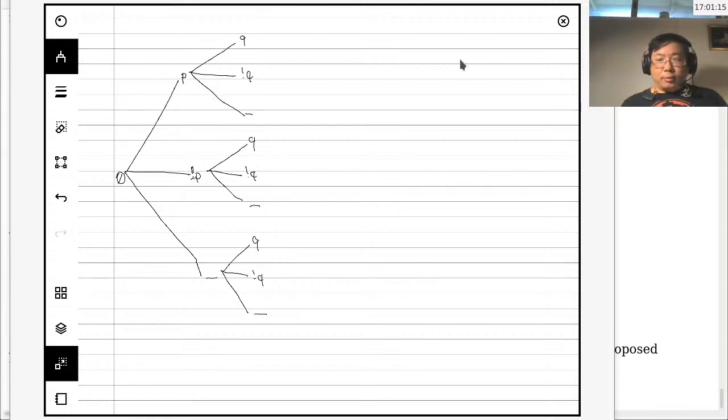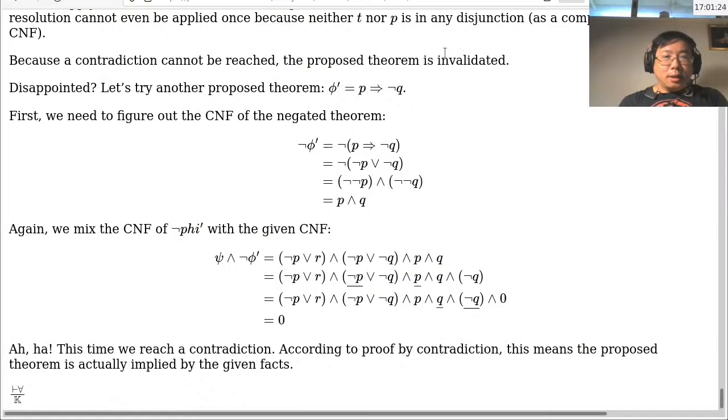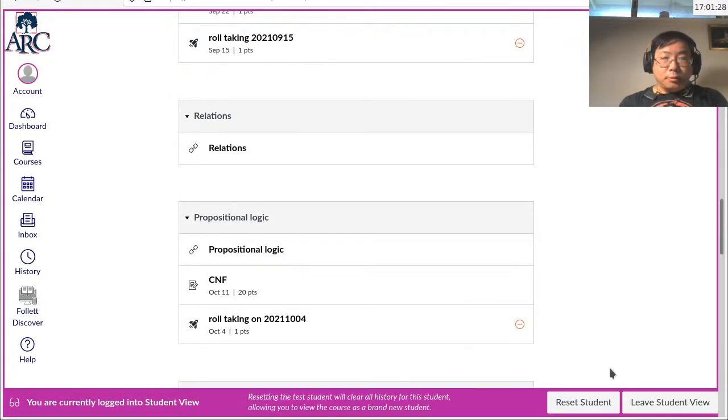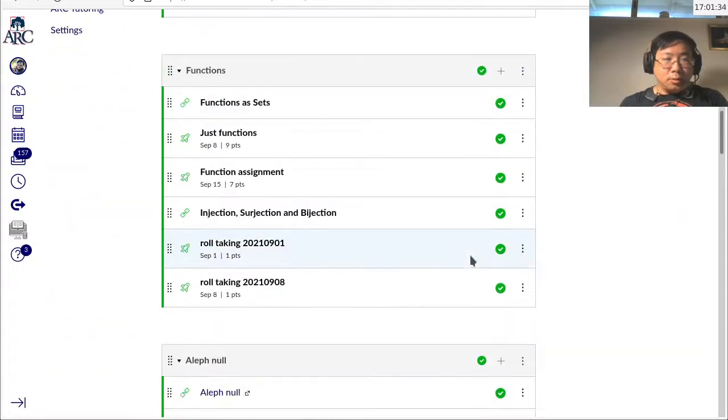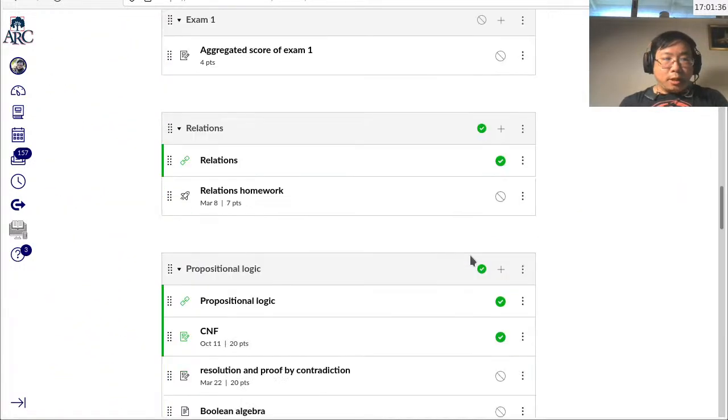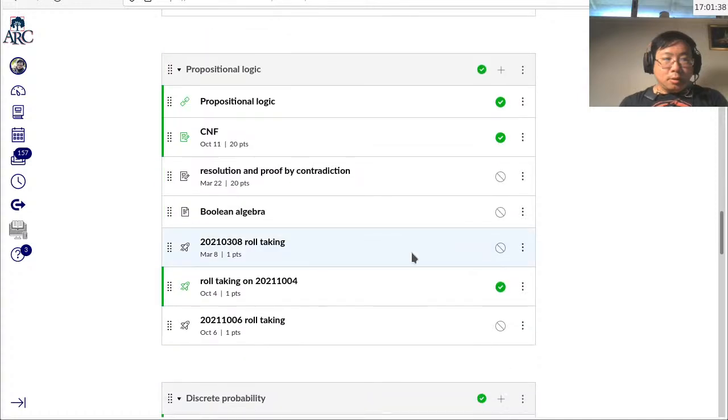And it is time to take roll. So I'm going to switch around to roll taking here. Let's see, where is... Yep, right here. Leave student view and get to roll taking for today.